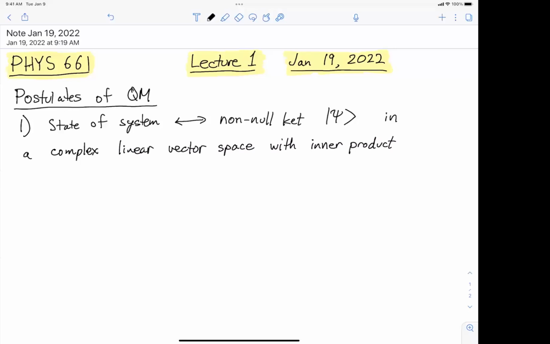So complex means that you can multiply any ket by a complex number. And linear just means it obeys the usual addition properties of a vector.